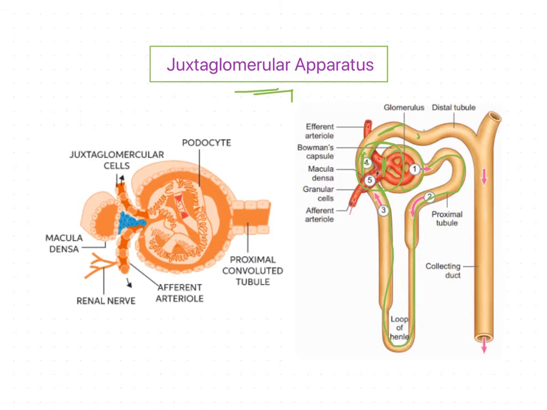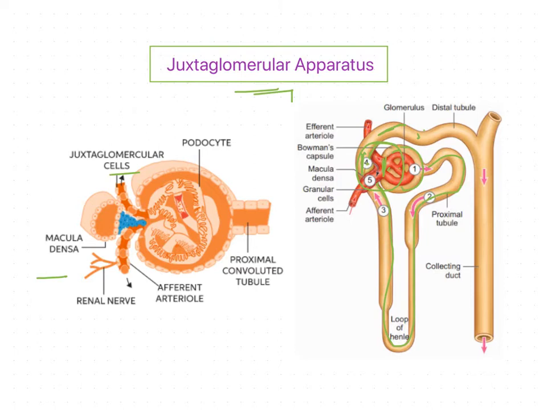This apparatus includes two types of cells. One is the macula densa, and the next is the juxtaglomerular cells.